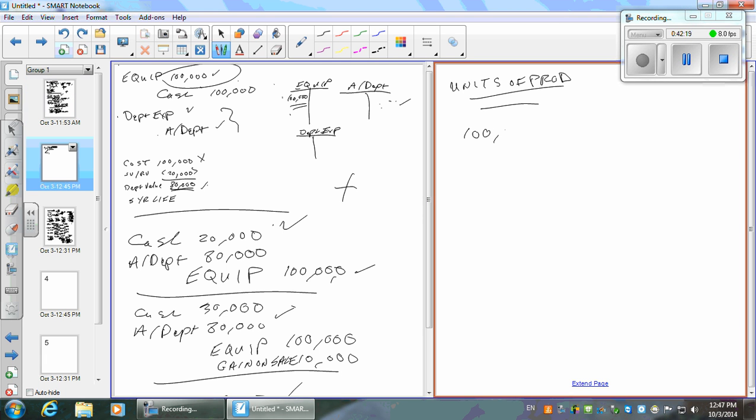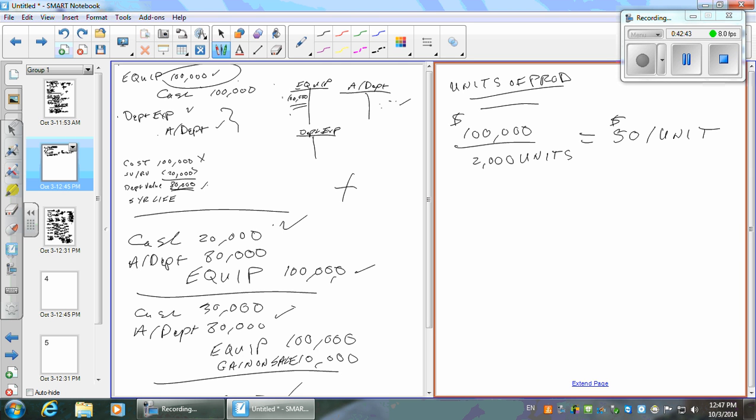So I've got a $100,000 cost, and I said 2,000 units. All I do is divide the units in, and then this is just like straight line after that. How much is it per unit? 2,000 units on $100,000, guys. How much am I going to depreciate per unit? $50 per unit, right?